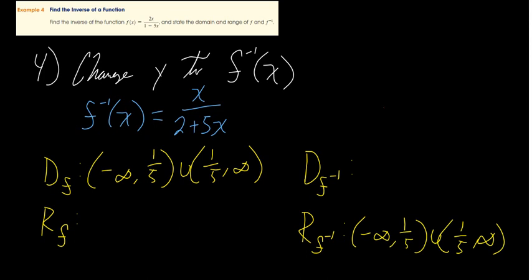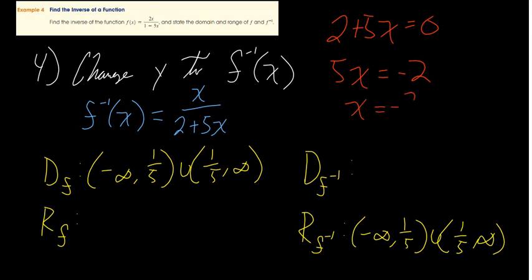The domain of f inverse: all we have to do is take that denominator and equate it to 0. So 2 plus 5x is equal to 0. Let's go slow. We'll have 5x is equal to negative 2, so x is equal to negative 2/5.